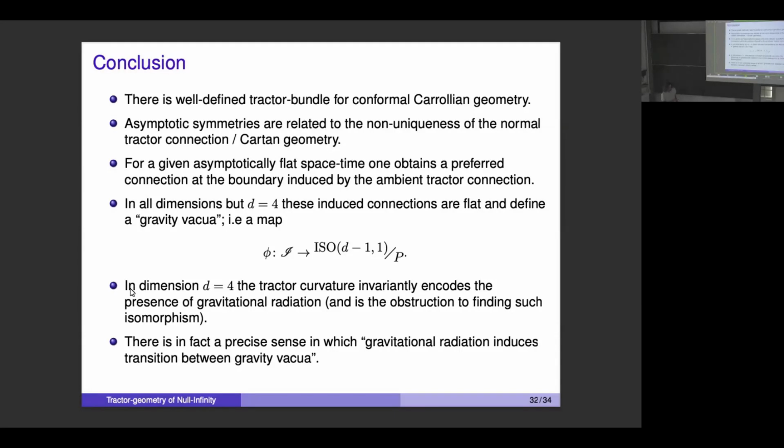Gravitational radiation is the obstruction to identifying null infinity with your model. And there is, in fact, one last thing which I unfortunately don't have time to discuss: there is a sense in which you can say precisely that gravitational radiation, so the presence of curvature, is going to give you a transition between gravity vacua. This would be the memory effect from this geometrical perspective.